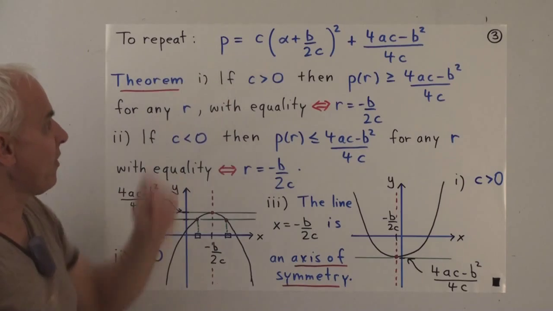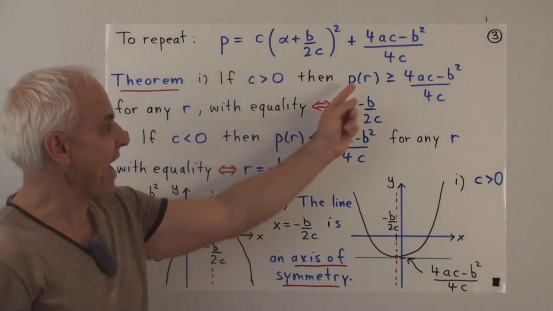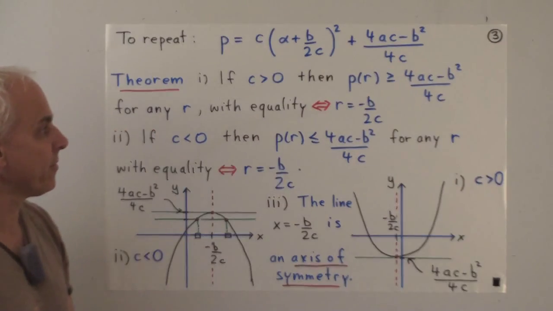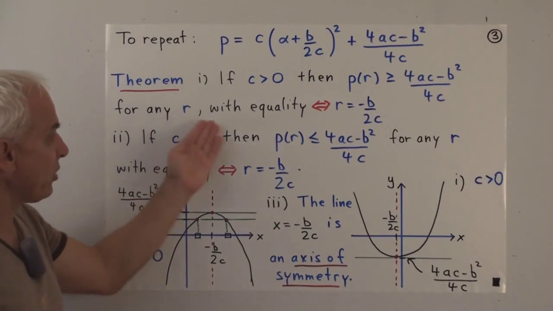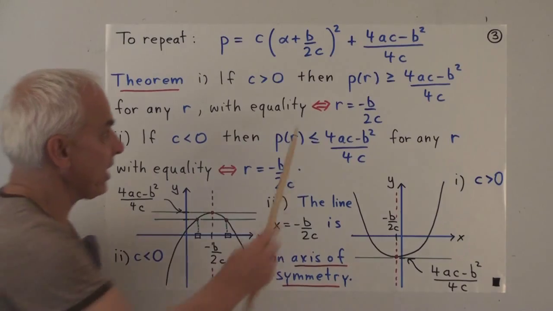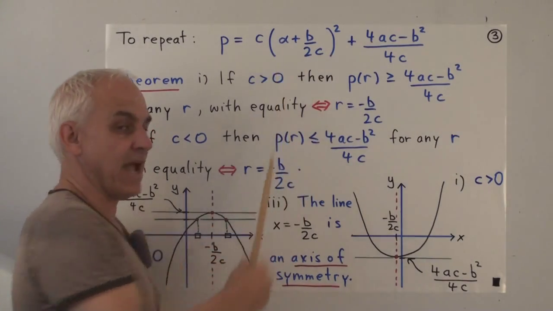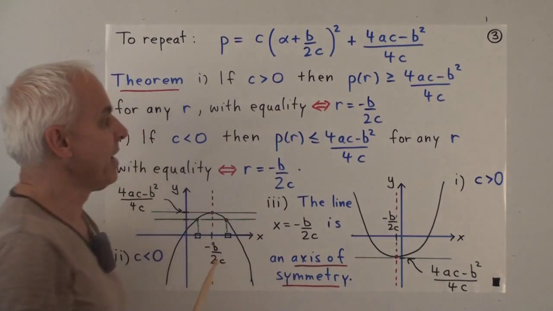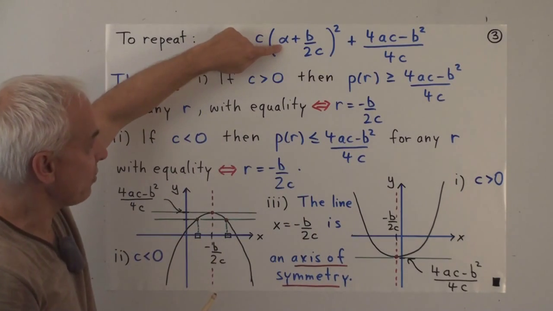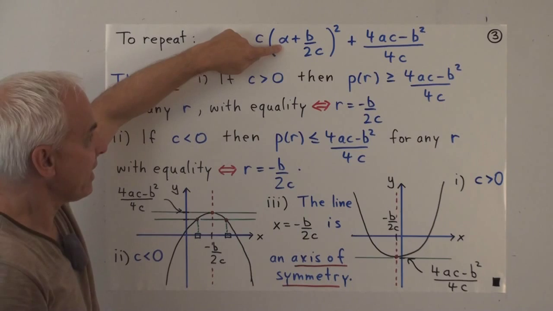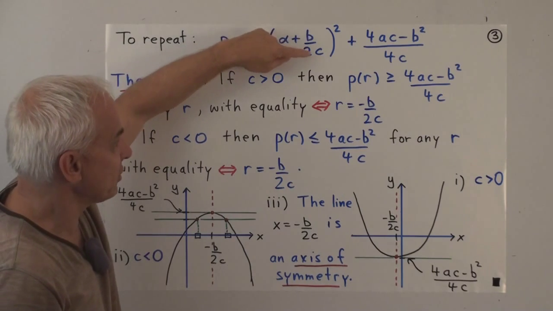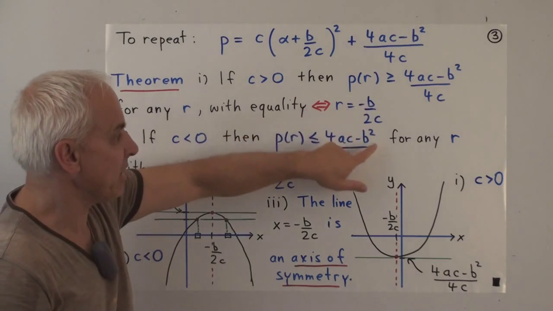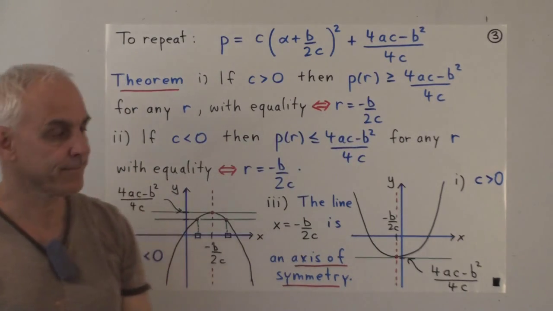The value of the polynomial at r is always at least this number here. And when do we actually get equality? Well, we get equality when this term is actually equal to 0. And this will be equal to 0 precisely when the value r satisfies r plus b over 2c equals 0. In other words, when r equals minus b over 2c.